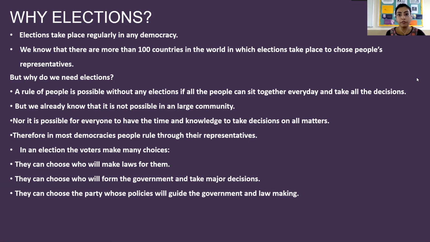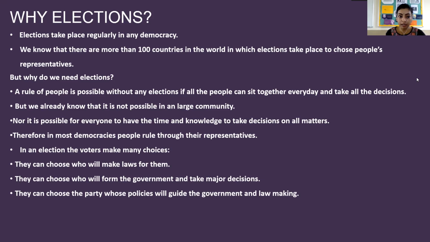So that is the beauty of election, that it puts the decisions in the hands of the common people, and it gives people the opportunity to choose their leader. And also, if the people do not like that leader, they can even remove that leader from that particular position.